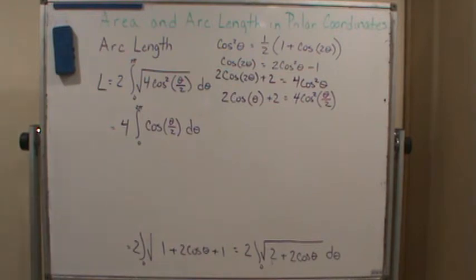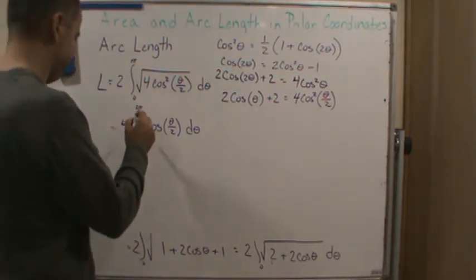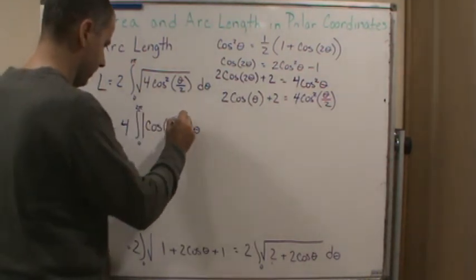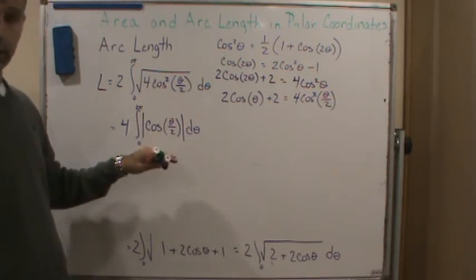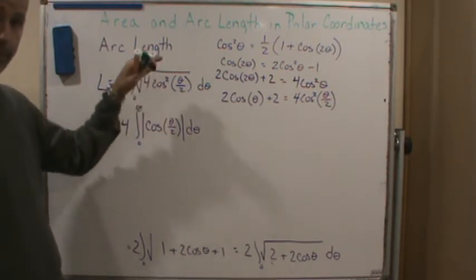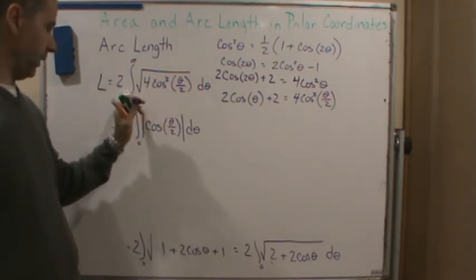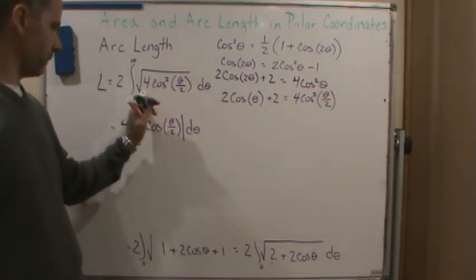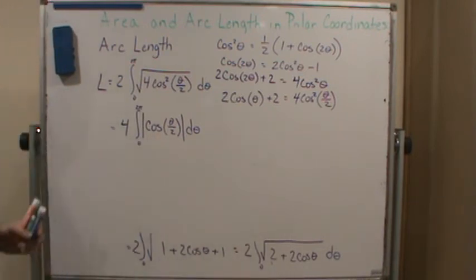Oh, I've got to have absolute value, because remember, cosine can go from negative 1 to positive 1. So when we're taking the square root, we want to make sure we put the absolute value signs in there.